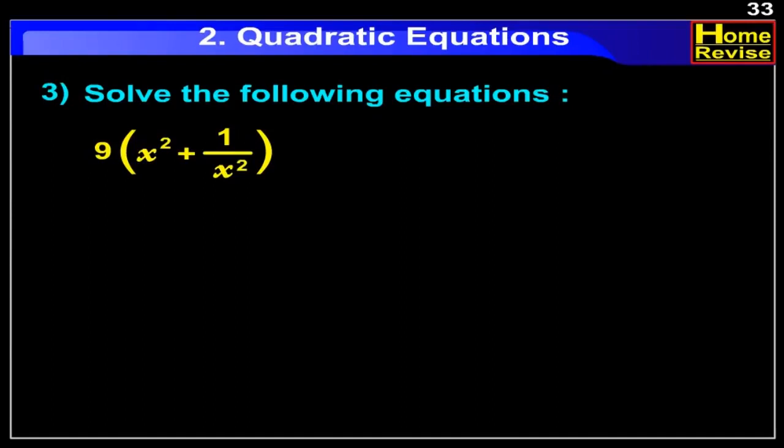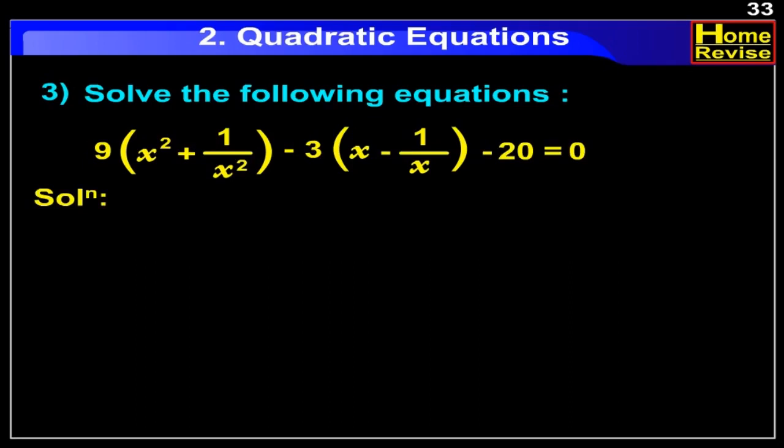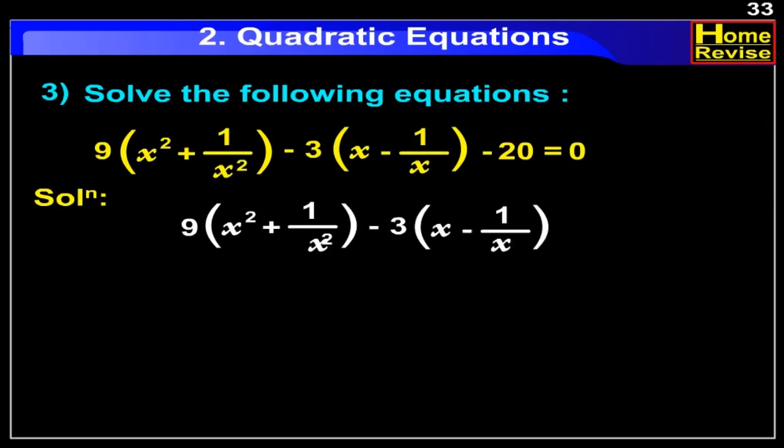9(x² + 1/x²) − 3(x − 1/x) − 20 = 0. Solution. The given equation is 9(x² + 1/x²) − 3(x − 1/x) − 20 = 0.